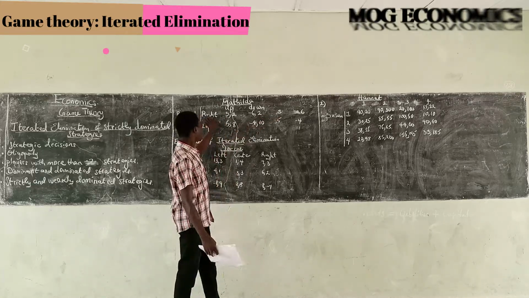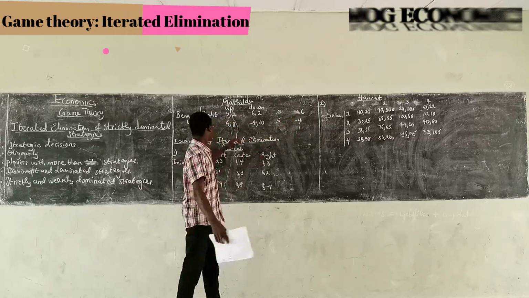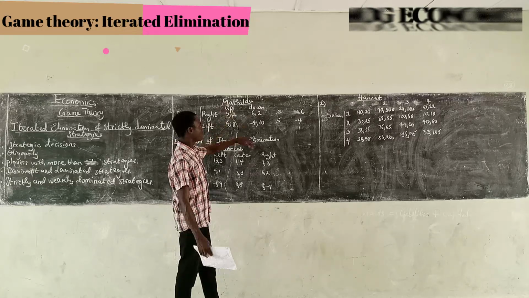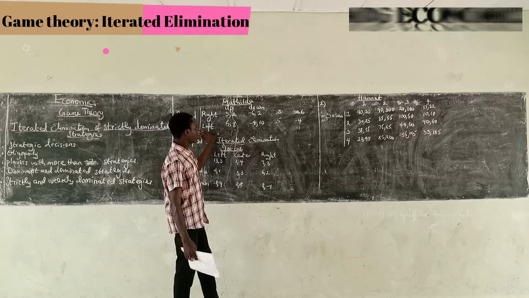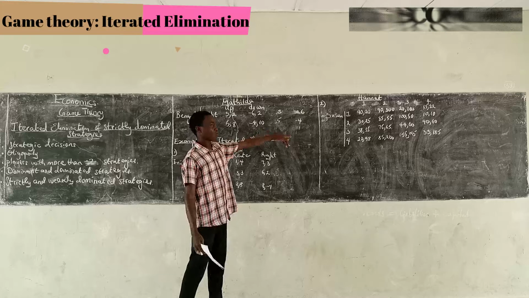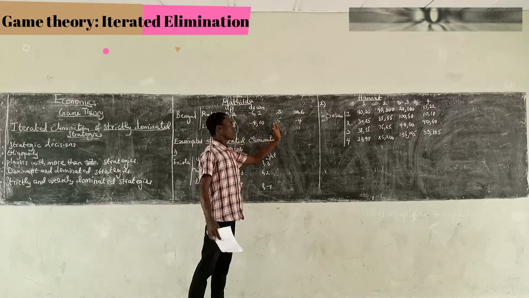If Bengal plays right and Matilda plays down, Bengal has a payoff of -6. If Bengal plays left and Matilda plays up, Bengal's payoff is 5. If Bengal plays left and Matilda plays down, Bengal's payoff is -4. So these are his payoffs for left, and these are his payoffs for playing right.